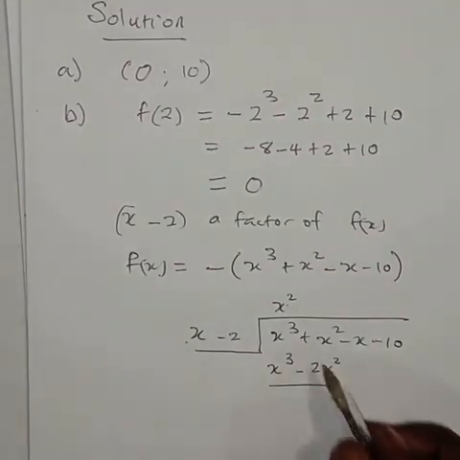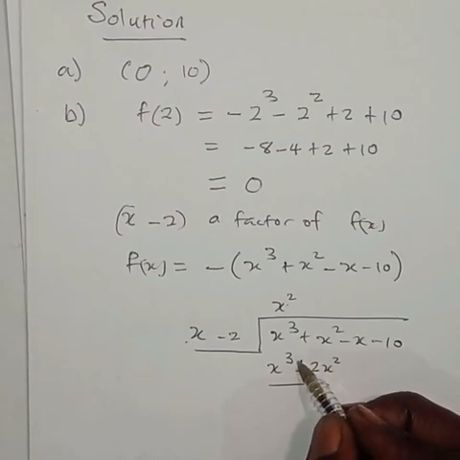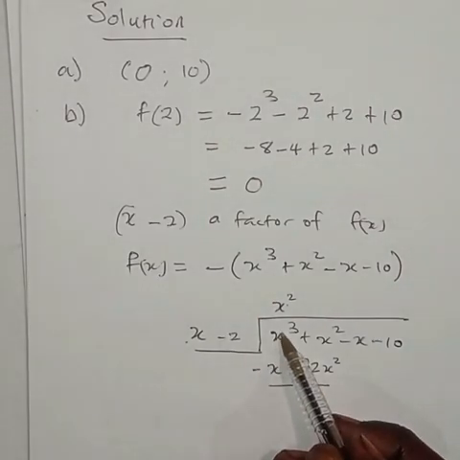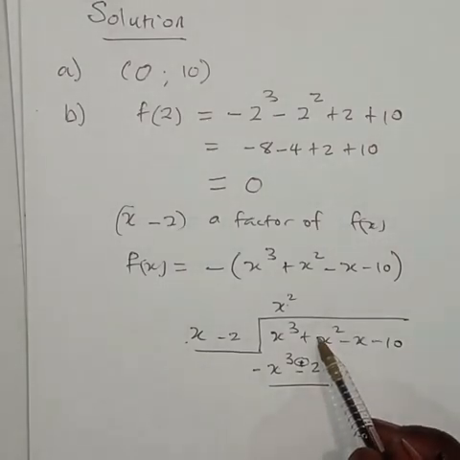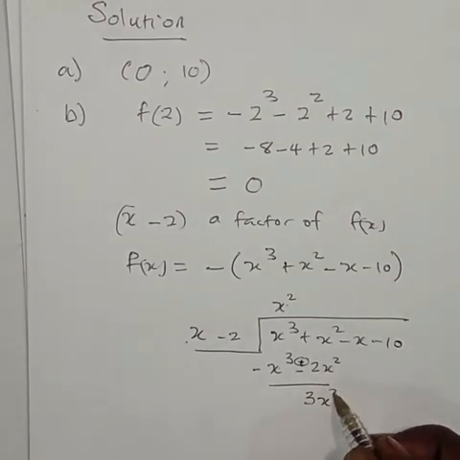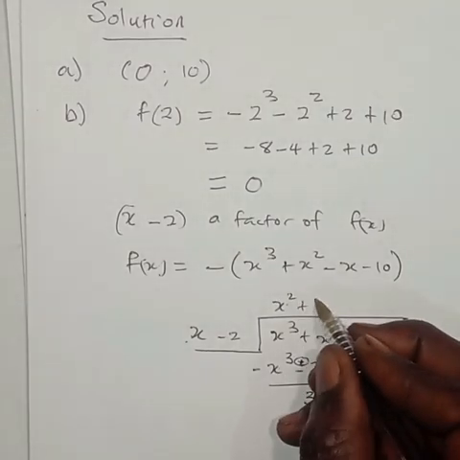Now I change the signs. Wherever there's a negative, I put a positive, and wherever there's a positive, I put a negative. So x to the power of 3 minus this one gives 0. I don't need to write that. Then this plus this, I get 3x squared.